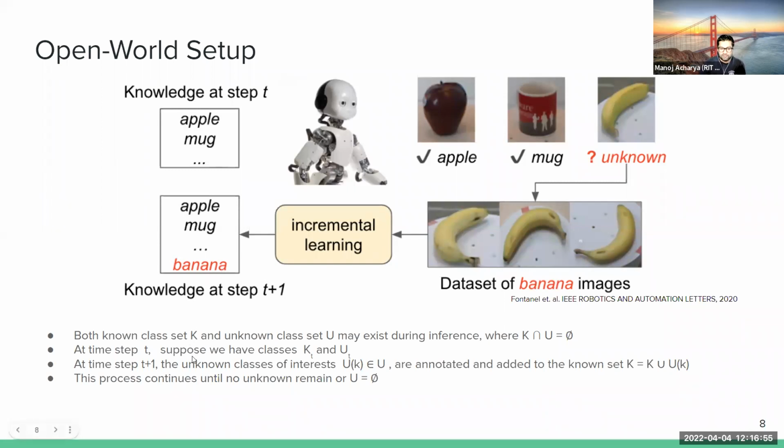So the goal here is to incrementally add the unknown classes after the model is confident to some degree. They are added to your known categories, and this keeps going until you have no unknowns left. That's how a typical open world learning problem is set up.